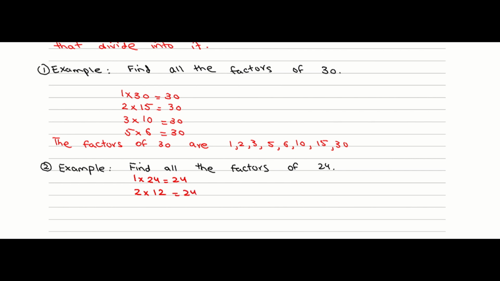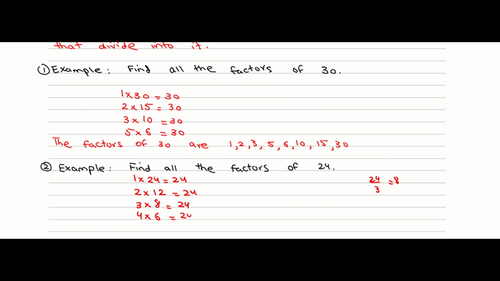Similarly, in the table of 3, 3 times what is 24? You divide 24 by 3, and it gives you 8. So 3 times 8 gives you 24. Then in the fourth table you have 4 times 6, which gives you 24.